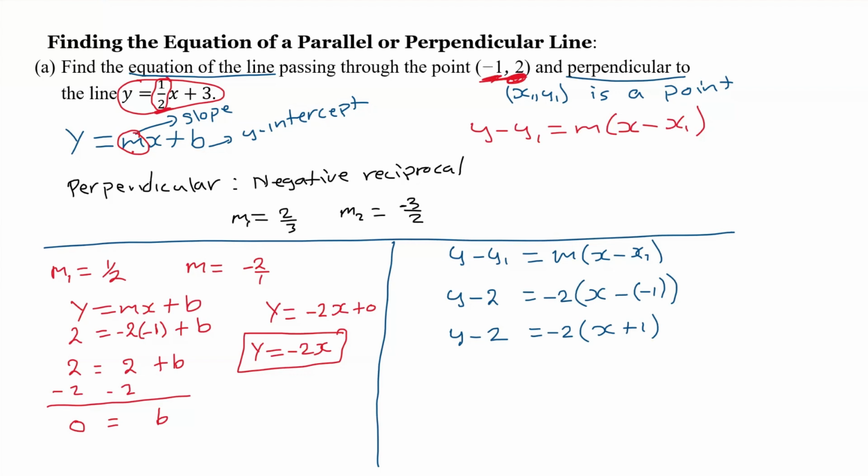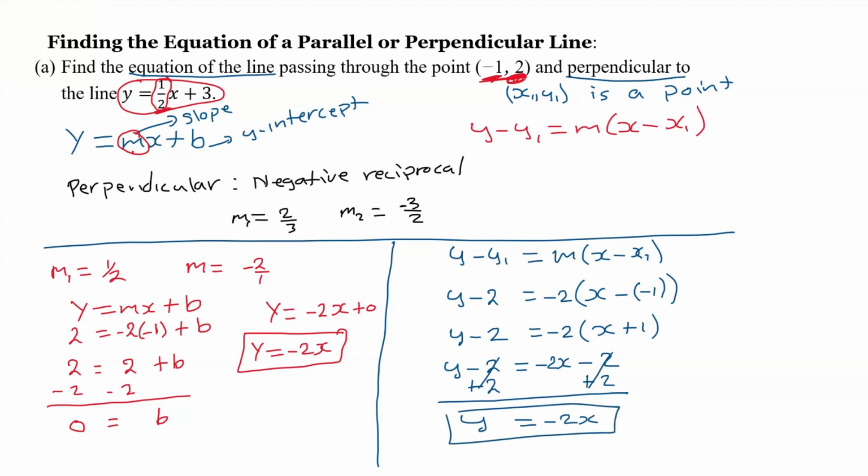Now if you distribute the -2, you get y minus 2 is equal to -2x minus 2. Now if we solve for y, we add 2 to both sides. That's how you get y equals -2x, because the -2 and the +2 cancel each other. And so the answer is y equals -2x, regardless of which equation you used.